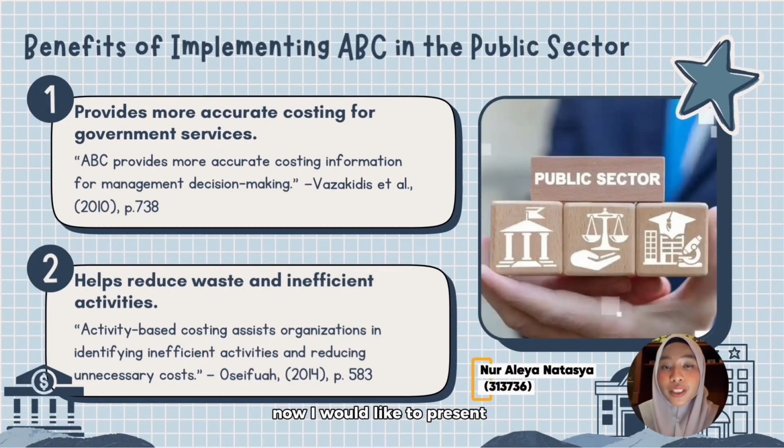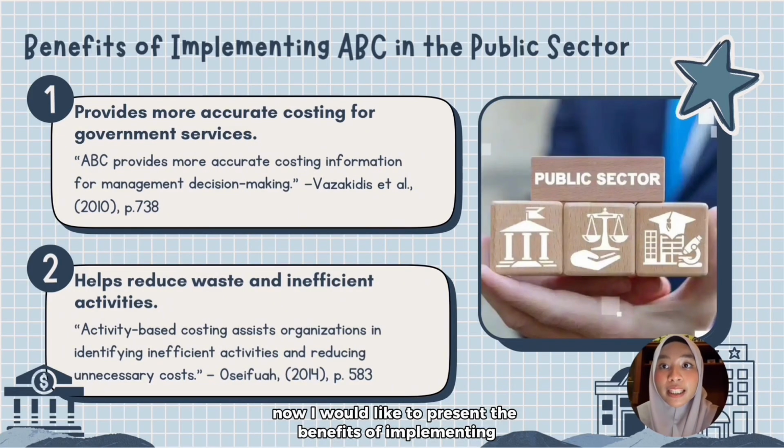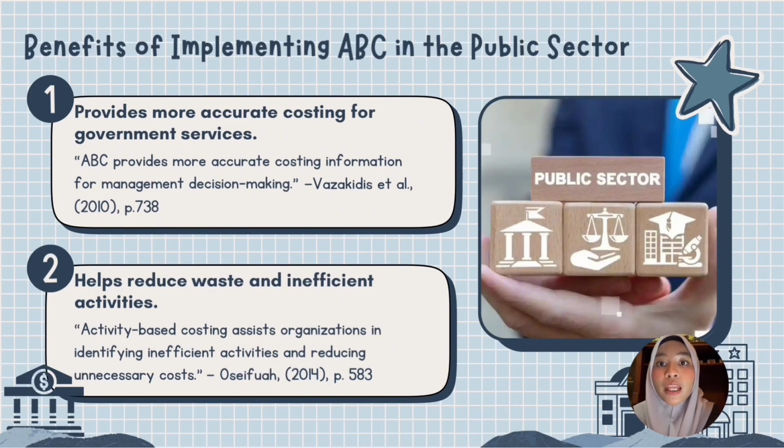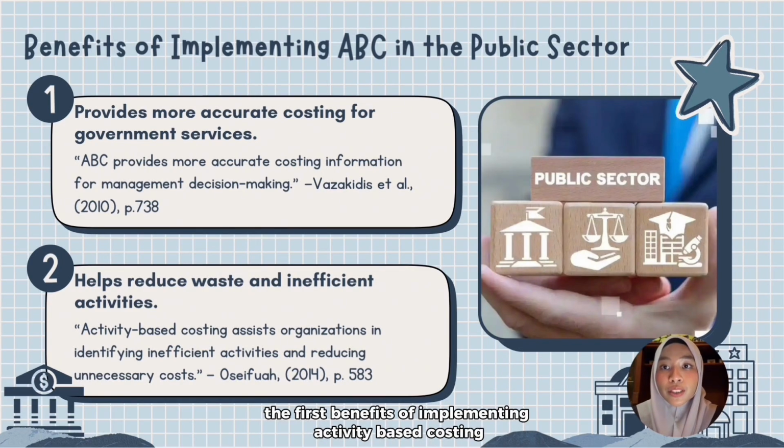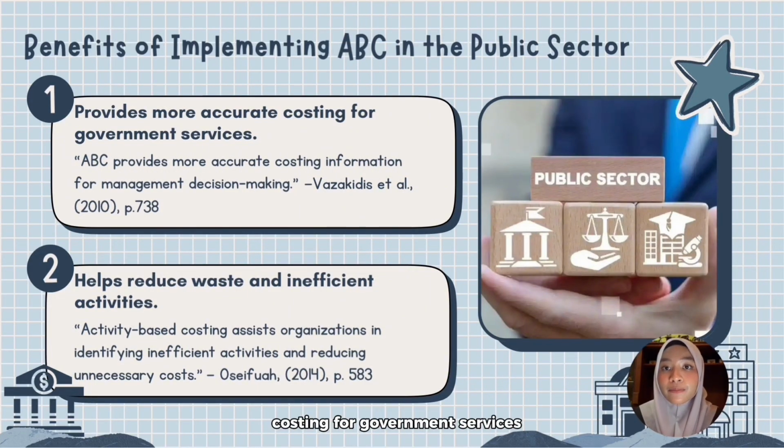Now, I would like to present the benefits of implementing activity-based costing in the public sector. The first benefit of implementing activity-based costing in the public sector is that it provides more accurate costing for government services.